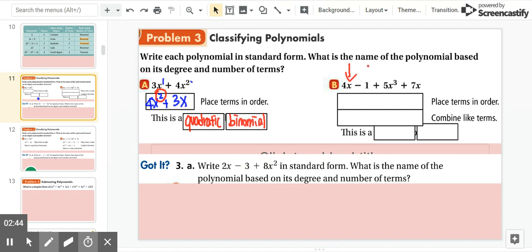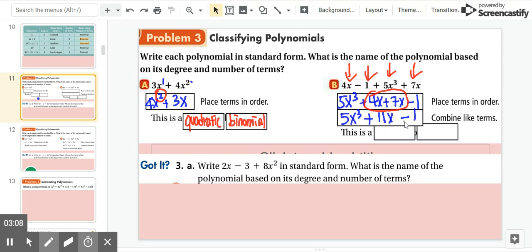And now how many monomials do we have? We have 4. So I need you to place terms in order. I'm going to put the greatest one first, and then we have 4x, 7x, and minus 1. But now we have like terms here, right? So I'm going to combine them, which is 11x minus 1.